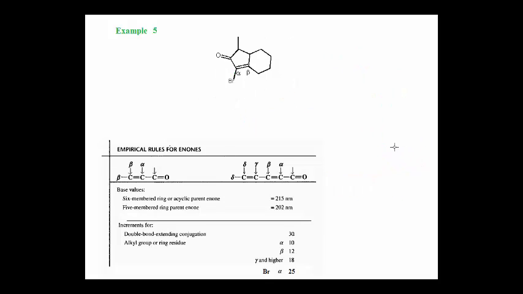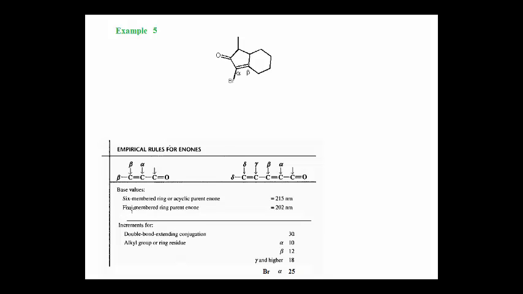Alright, let's do a fifth example. In our molecule here, we note that we have an enone system, a CC double bond conjugated with a carbonyl group. So we have to determine the base value to use. Basically, it'll be one of these two.